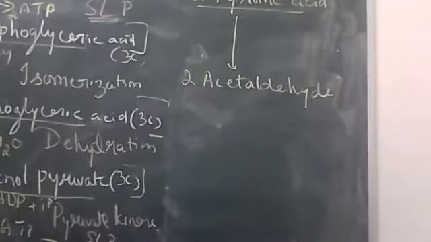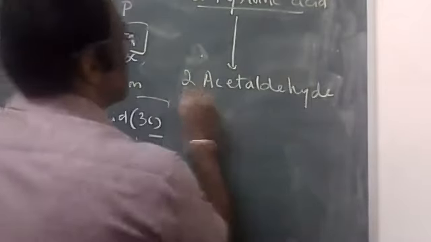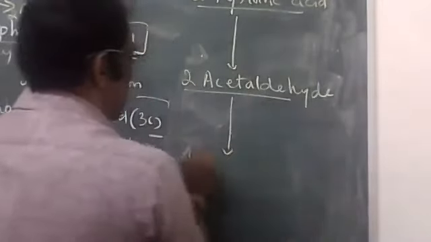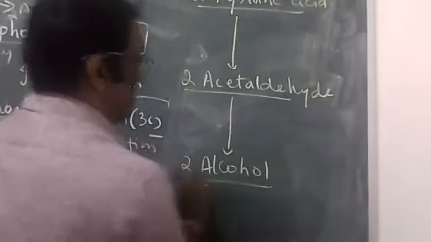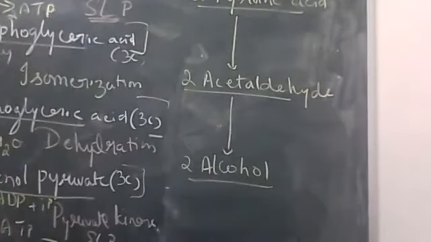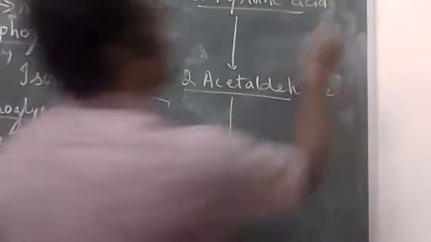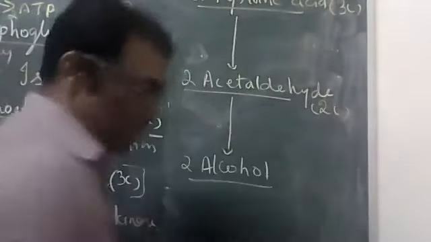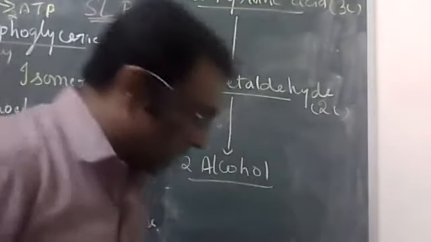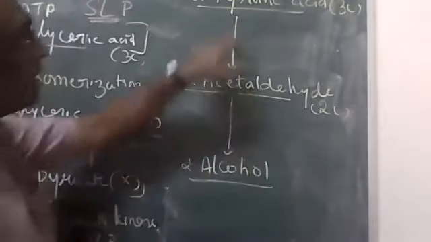What is acetaldehyde? It is the compound present just before alcohol. Understood? So pyruvic acid converts to acetaldehyde. Acetaldehyde converts to alcohol. So here 3 carbon becomes 2 carbon.